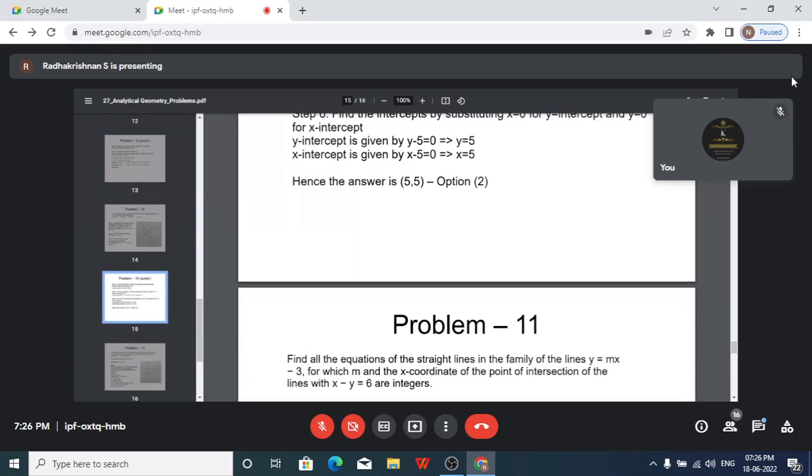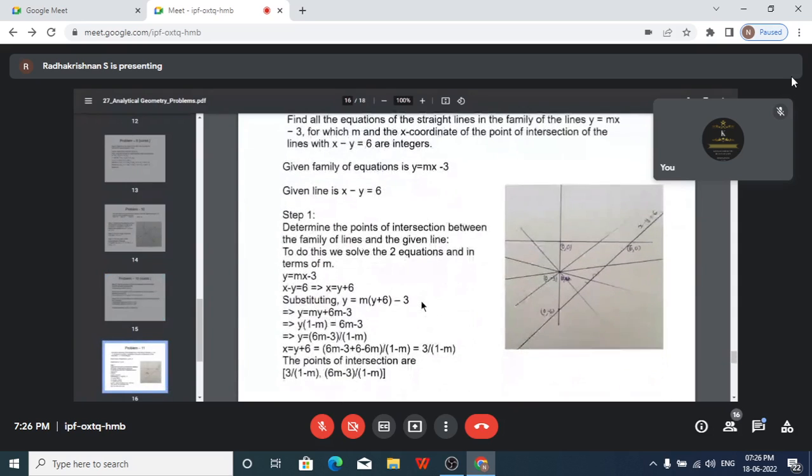Did anyone try this? So let me explain this. Given the family of equation y equal to mx minus 3. If you put x equal to 0, you get y equal to minus 3.